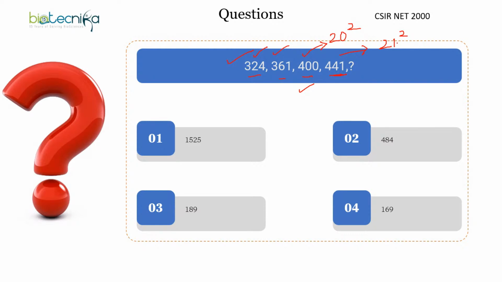So what would be the number in place of the question mark? That is 22 ka square. So my correct option is option number 2. राइट. सो हियर क्वेश्चन मार्क की जगह में हम 22 का स्क्वायर लिखेंगे, दैट इज ऑप्शन नंबर 2 विच इज 484. ओके, गॉट इट. इजी था क्वेश्चन.